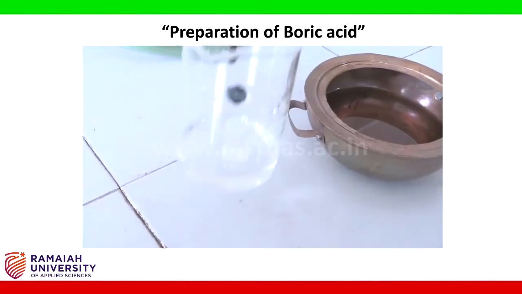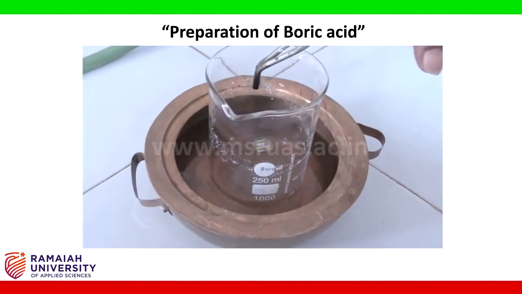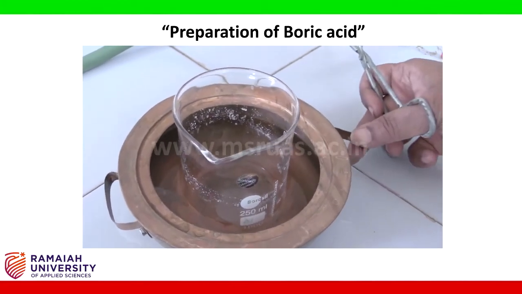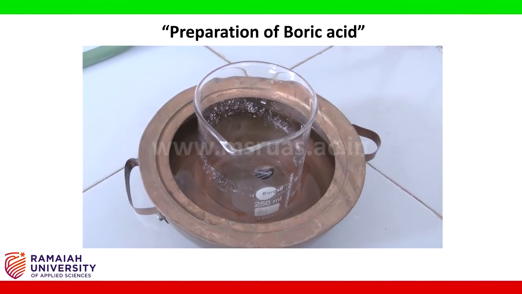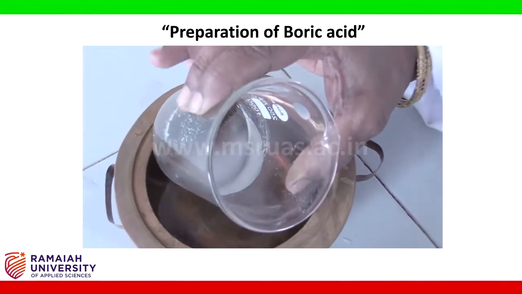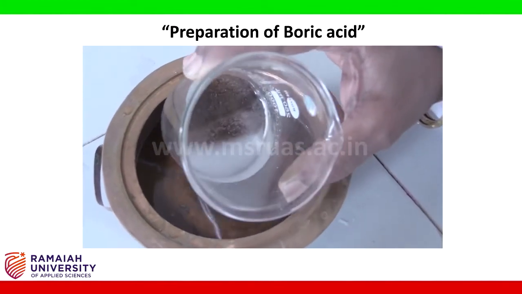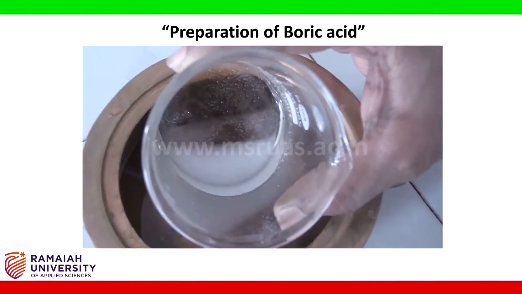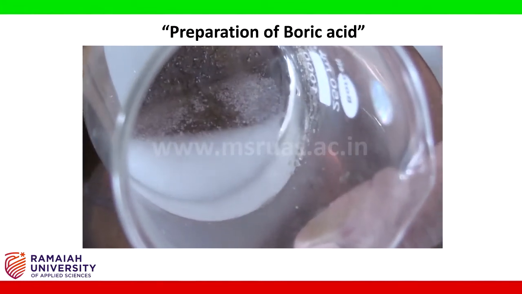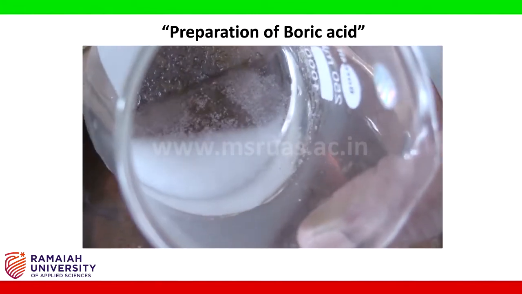After cooling to room temperature, now cool it in a water bath for some time. After some time, we can see the formation of boric acid in the form of white crystals.